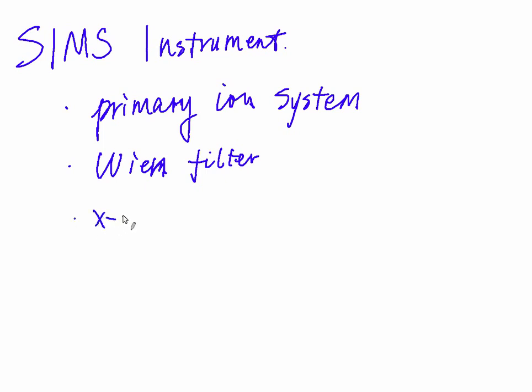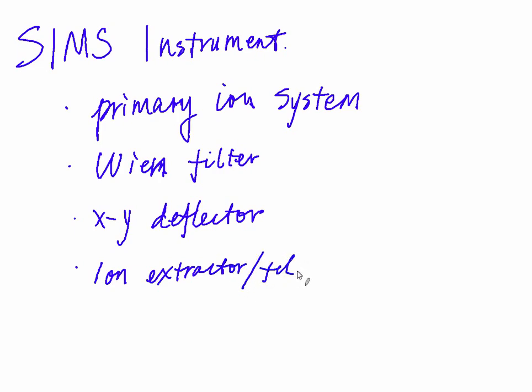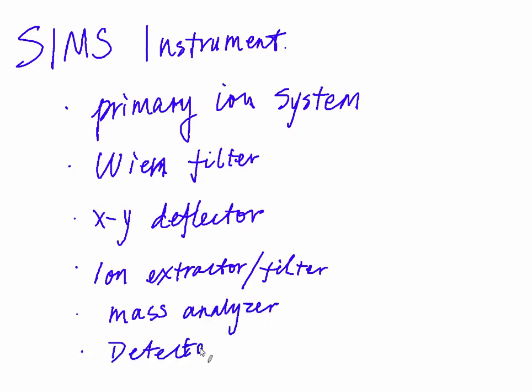The third is the XY deflector. And also there is an ion extractor or filter, a mass analyzer, and at last a detector. We can draw a diagram of how the instrument is working.